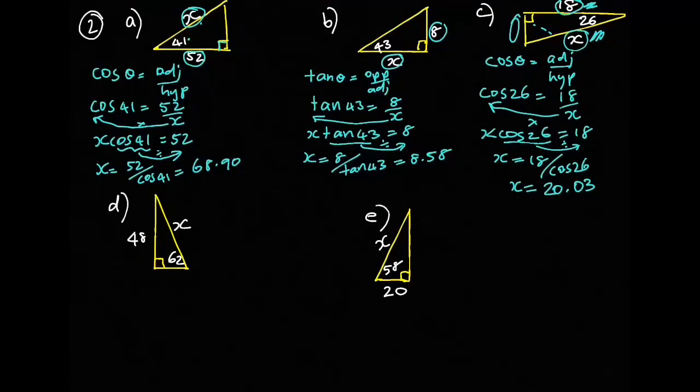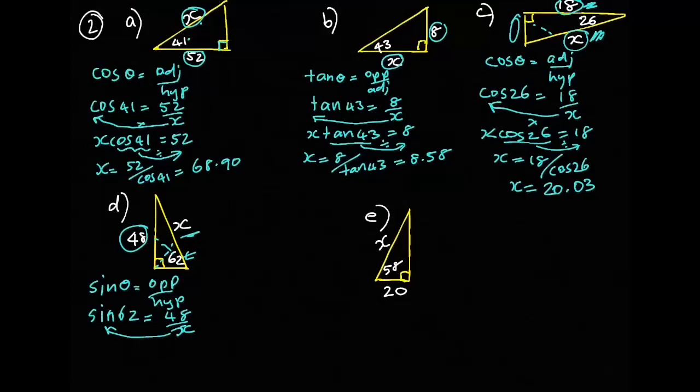Okay, let's look at part D. So we've got the angle here, and 48 is opposite to the angle, and this is the hypotenuse because it's opposite to the right angle. So we've got opposite and hypotenuse, which is a sine problem. Sine theta equals opposite on hypotenuse. So sine 62 is equal to 48 on x.